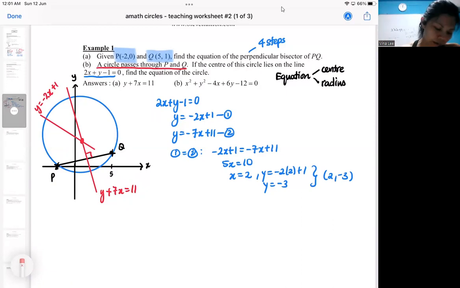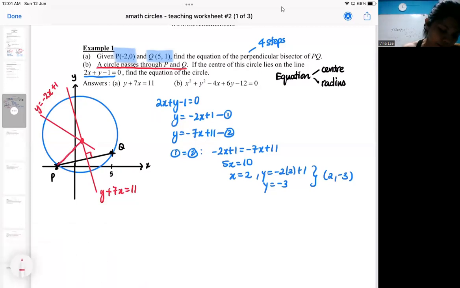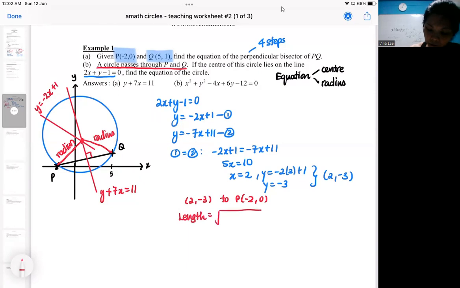With the center, your job is to get the radius. So where is the radius? If you know the center, you apply your length formula from the center to P or Q, it doesn't matter. From here to P, you apply the length formula.